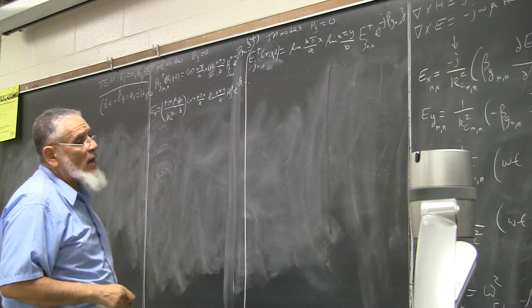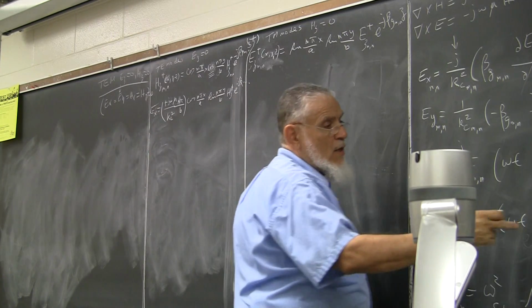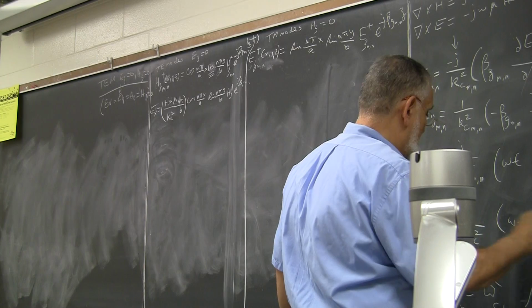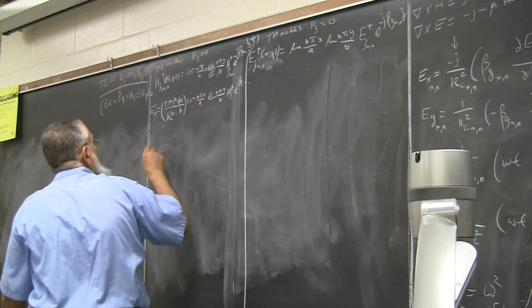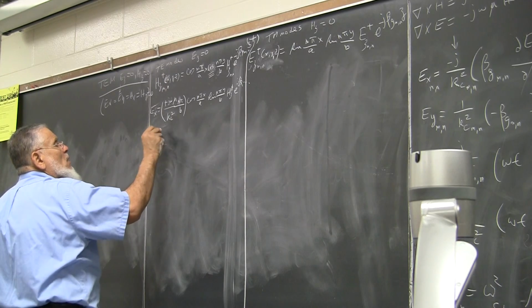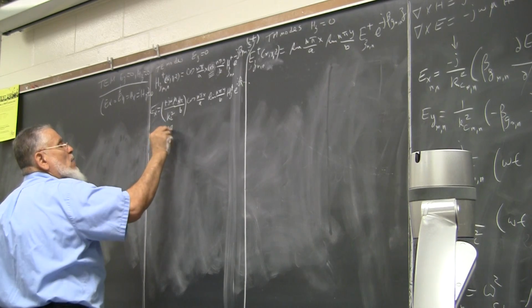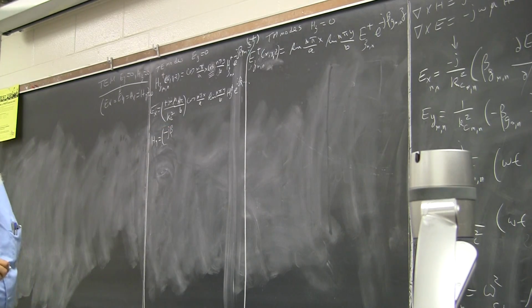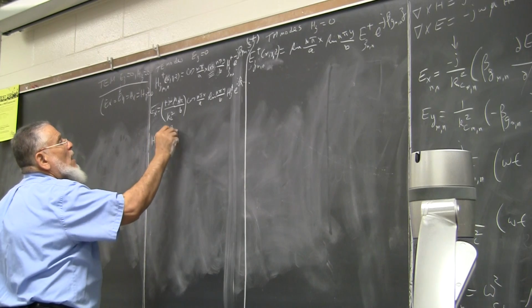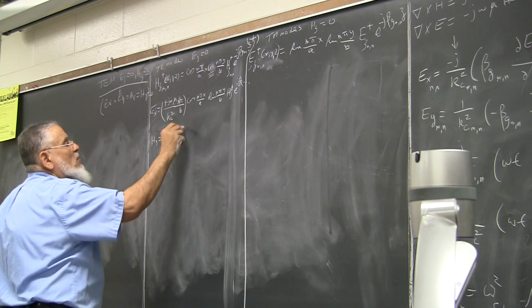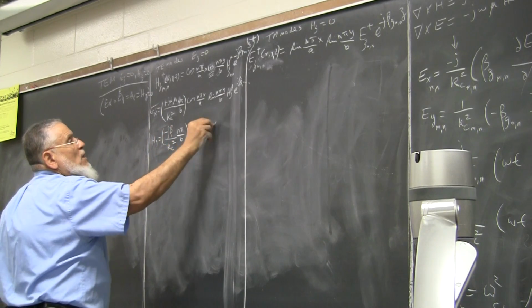Your Hy is identical here, but you have minus j beta over k sub c squared. I'm not writing the subscripts. And I have n pi over b again from the derivative. Same thing, cosine, sine, etc.